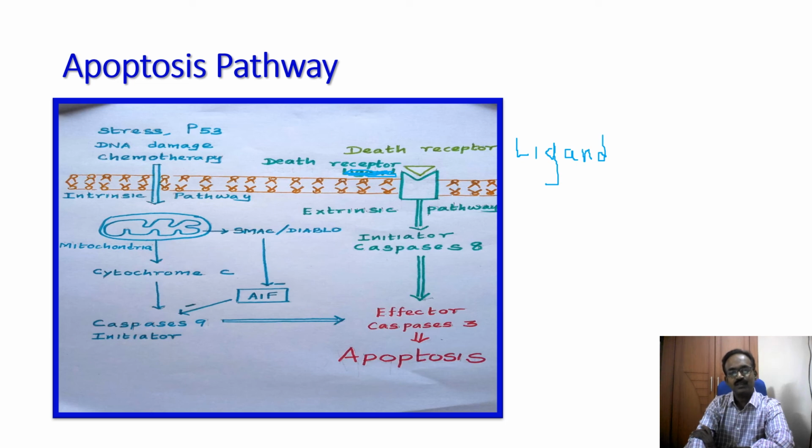The death receptor ligand is the FAS ligand. The death receptor is the FAS receptor. When the death receptor is bound with the death receptor ligand, that initiates the extrinsic pathway, which activates caspase 8. Caspase 8 activates caspase 3 and produces apoptosis.